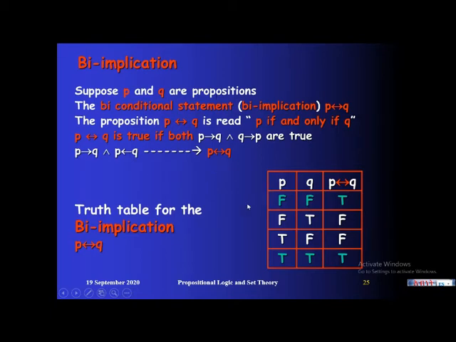To simplify our work, let us use the truth table. False bi-implies false is true. False bi-implies true is false. True bi-implies false is false. True bi-implies true is true.